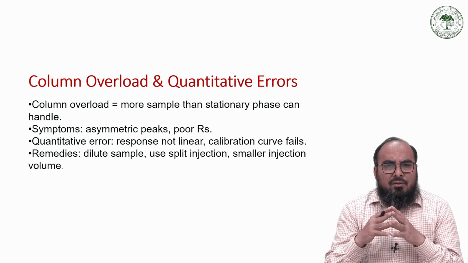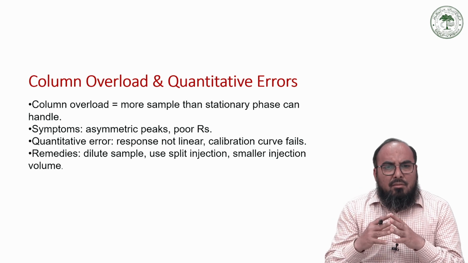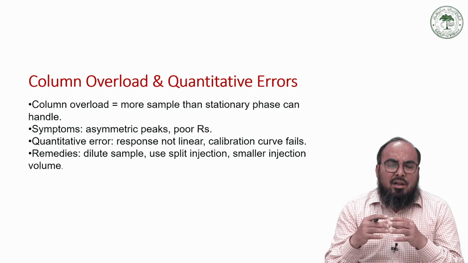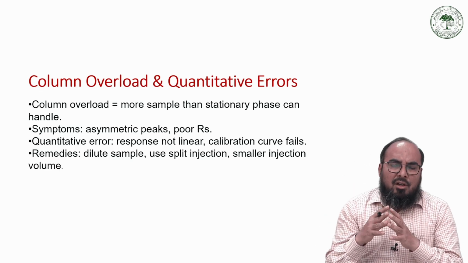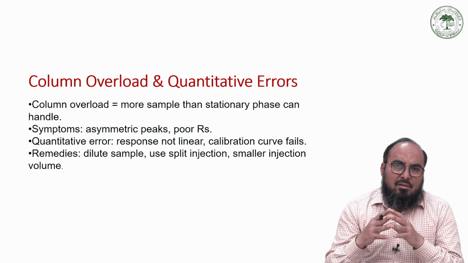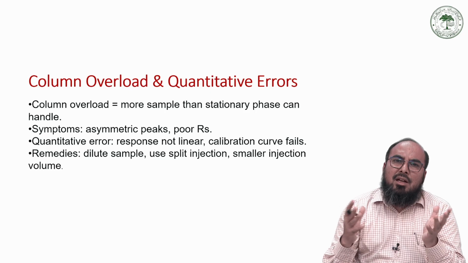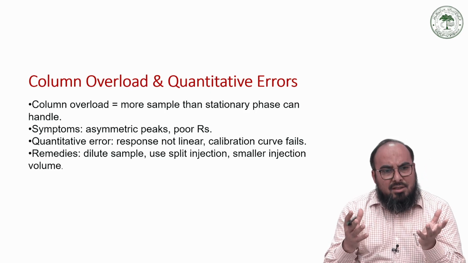Column overloading occurs when more sample is introduced than the limit of the stationary phase. So the stationary phase can handle only, for example, 5 microliters of sample, and you have introduced 10 microliters. Then of course, if the column gets overloaded, the efficiency will be compromised.